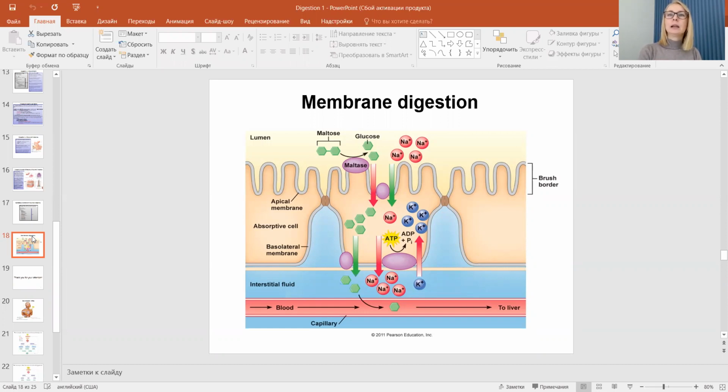Special hair-like projections on the luminal surface of the small intestine epithelial cells, the microvilli, form the brush border. The brush border plasma membrane contains three categories of integral proteins that function as enzymes. First, enterokinase, which activates the pancreatic proteolytic enzyme trypsinogen.